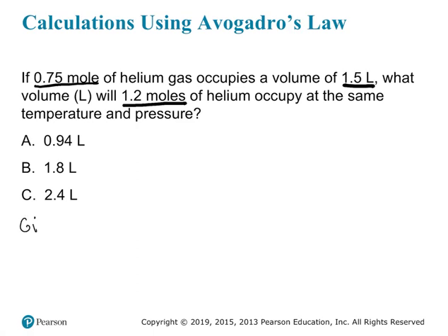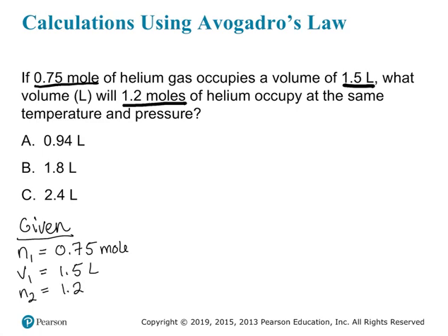Okay, so let's write out what we're given. So we have an initial amount, N1, that's equal to 0.75 moles. And then we have our initial volume of 1.5 liters. Our new amount of moles, N2, is 1.2, and then we don't know what V2 is.